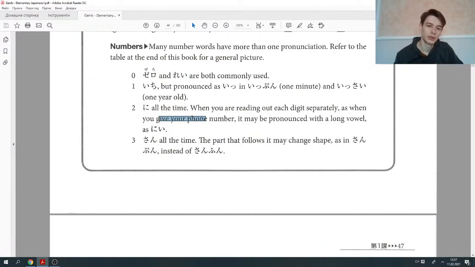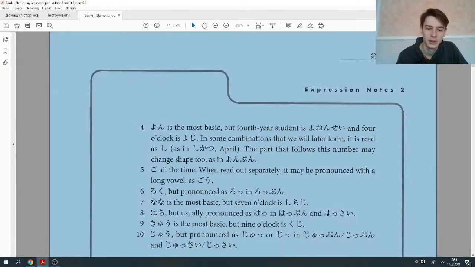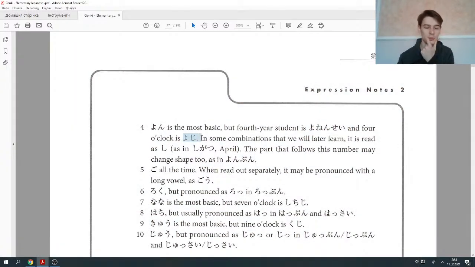So zero is zero or rei, ichi, ni, but we just prolong it. Yon in the most basic form, but a four-year student is yo, just yonensei, not yon, and 4 o'clock is yoji. So four-year student won't be that common, but yoji, I think that's important to learn.